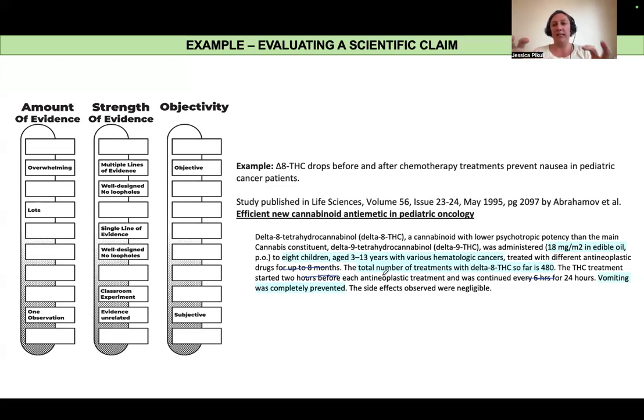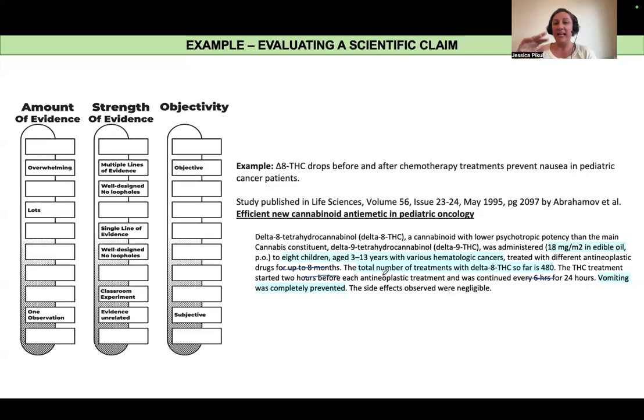I pulled out just the summary piece of the article that you can read through, and highlighted the pieces that I think are key here for evidence. We can see that the children in the study were administered a dosage of 18 milligrams per meter squared as an edible oil, which is basically a dose based on the child's size.